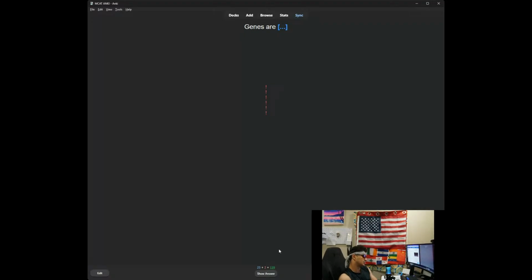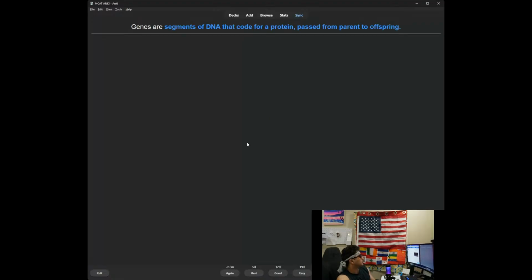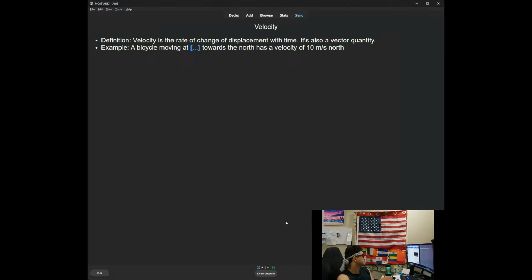Particular genes are specific segments of DNA that, if you're in genetics, code for specific traits potentially.